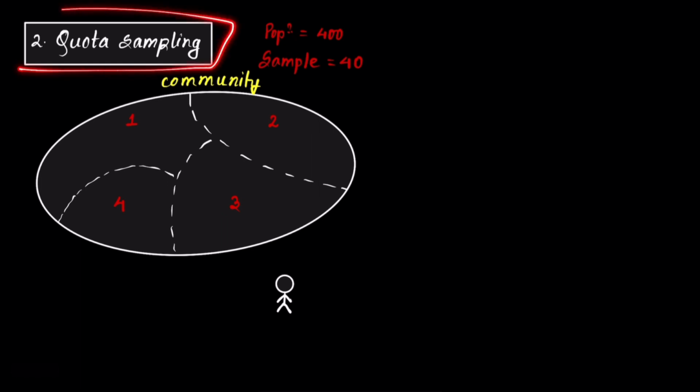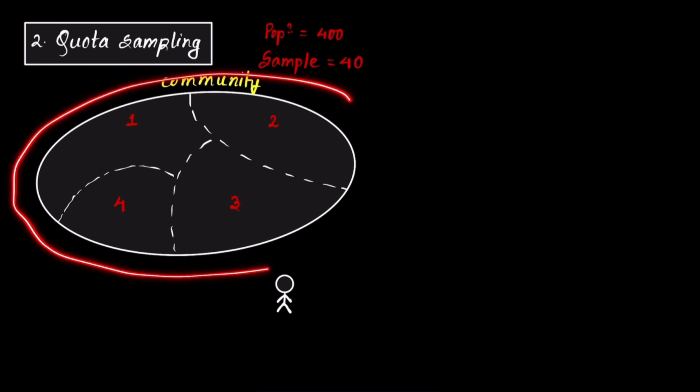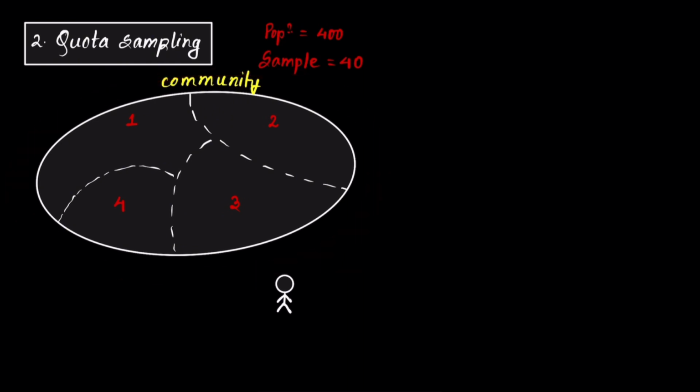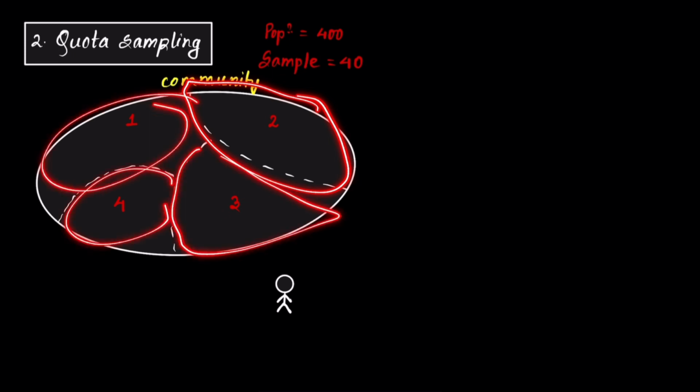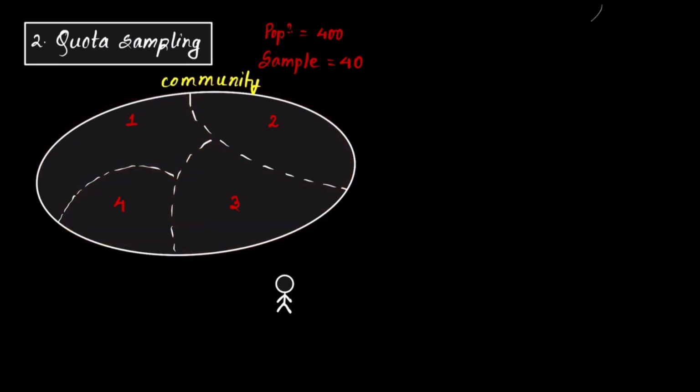In case of quota sampling, instead of simply reaching out to individuals, first the whole population or community is divided into smaller subgroups. And we call these subgroups strata. So first you have your population.